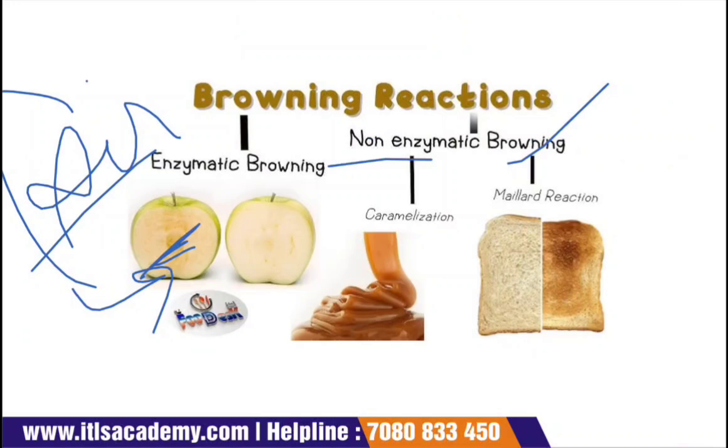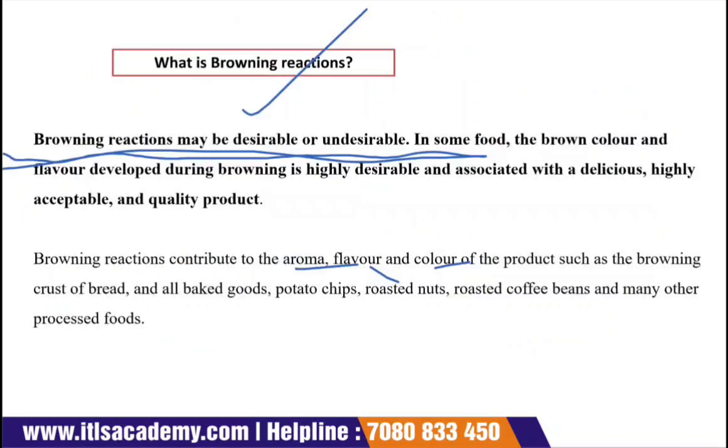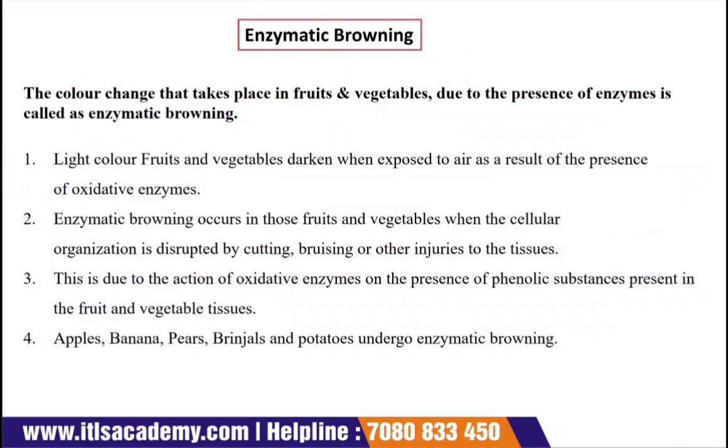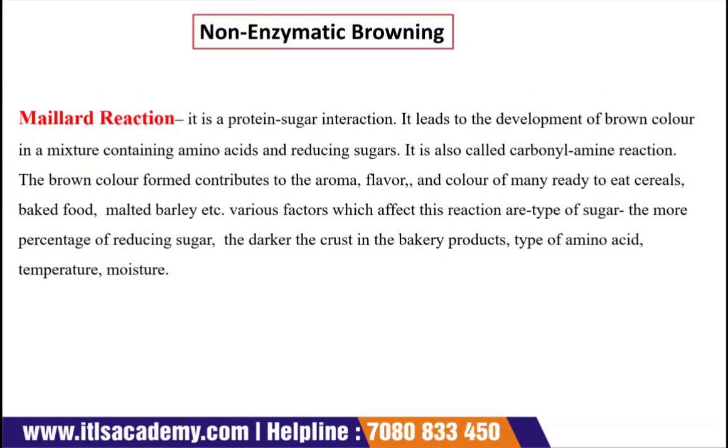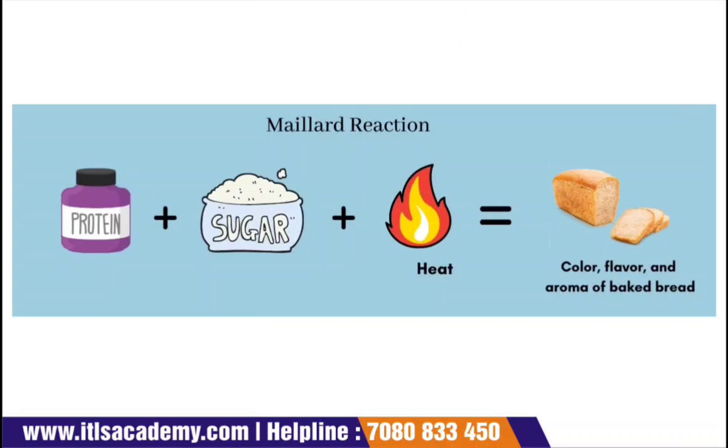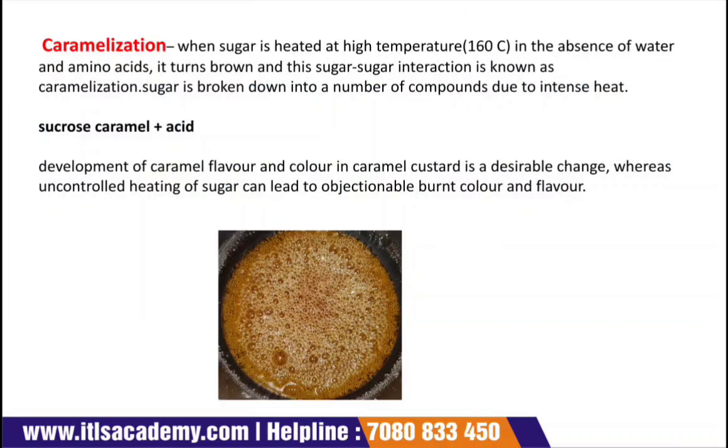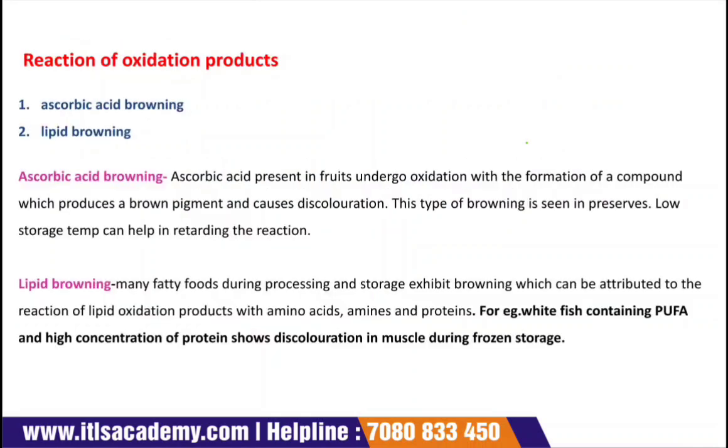This question is generally asked in examinations. Also very important are the factors that affect enzymatic browning. The Maillard reaction and caramelization are always there in the examination, so you must be aware of these two questions.